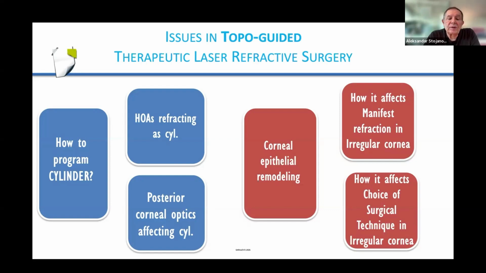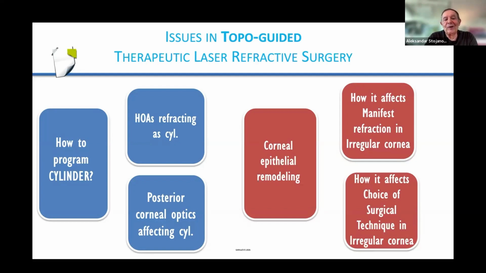We also have to look closely at the posterior corneal optics, especially in cases like keratoconus or post-incisional, post-RK, post-AK surgeries. These are quite complex evaluations, and they would need a longer presentation than I have time for today, so I will skip this part for some other time.